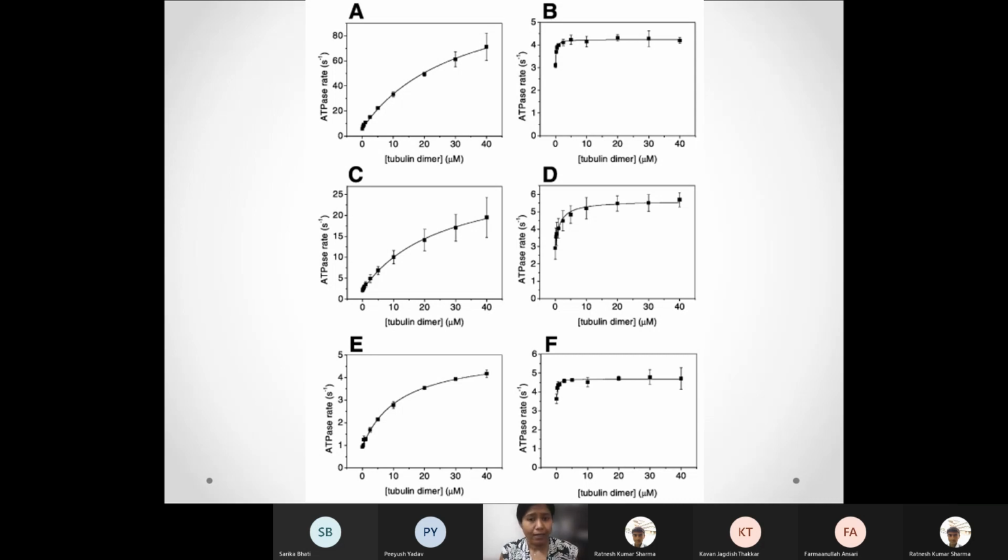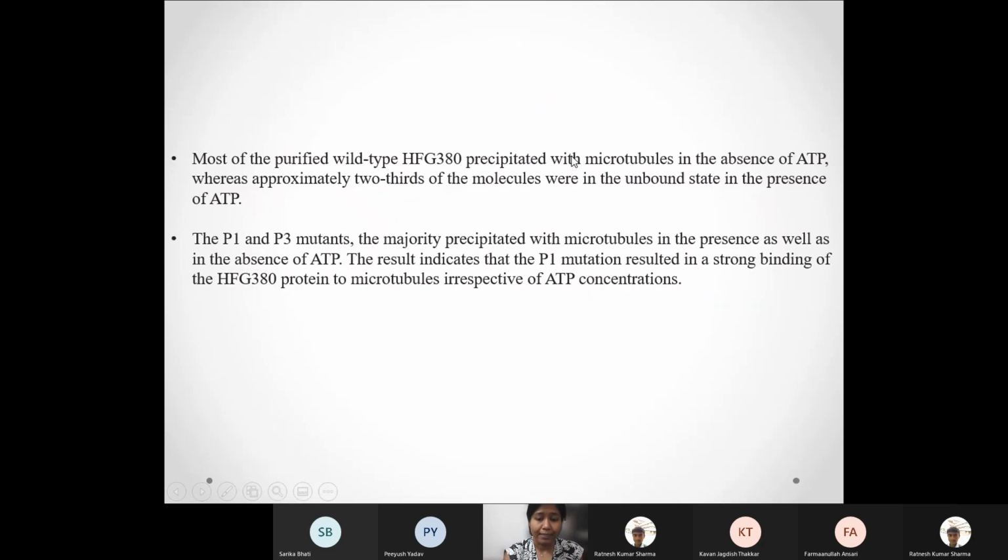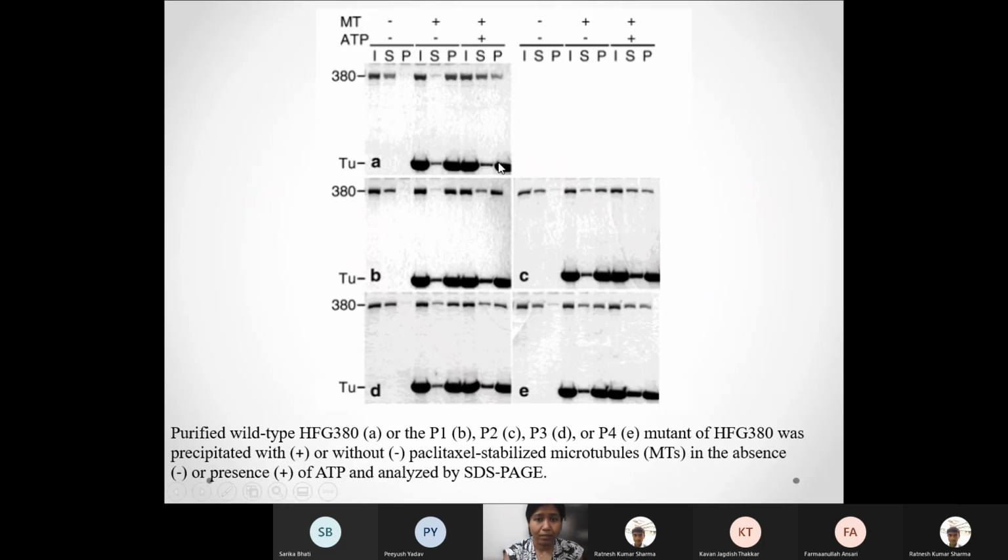So they did that, and if you look at the ATPase activity, very carefully look at the y-axis. You will see the y-axis labels are quite different. This one is wild type, normal. This is the P1 mutant, the P1 mutant that is always kept tightly associated with microtubules.